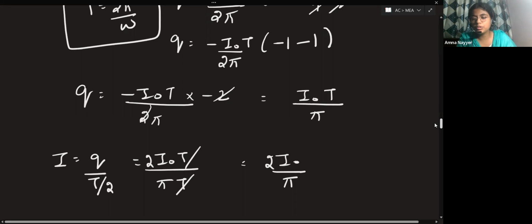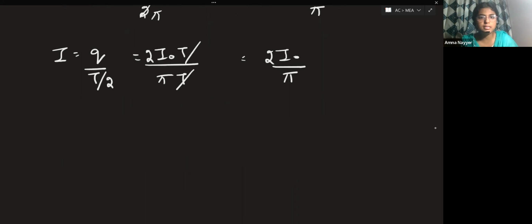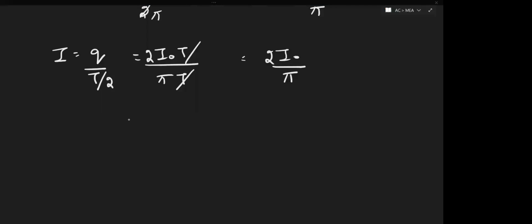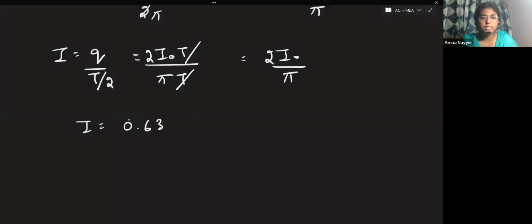Or if you wish, you can further write this current as 0.637 I naught.